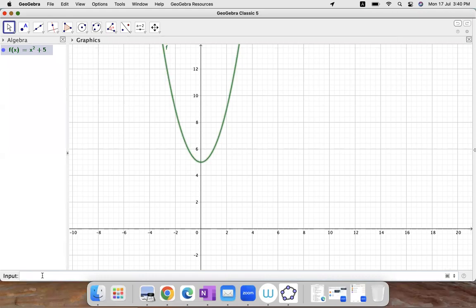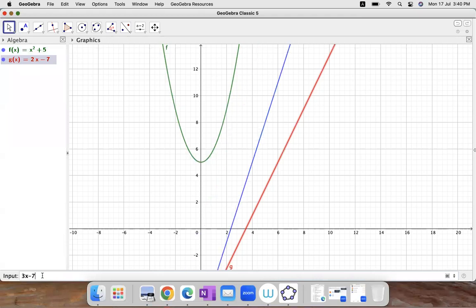As we used y equals mx minus 7, I'm giving it a value 2. So 2x minus 7 would look like this. If I increase the gradient, that is the value of 2, to 3x minus 7, it looks like this. If I can zoom out.